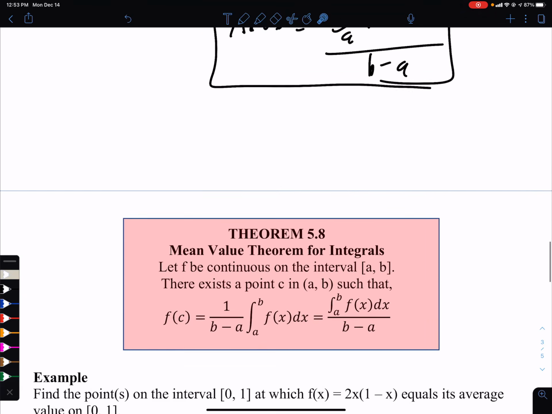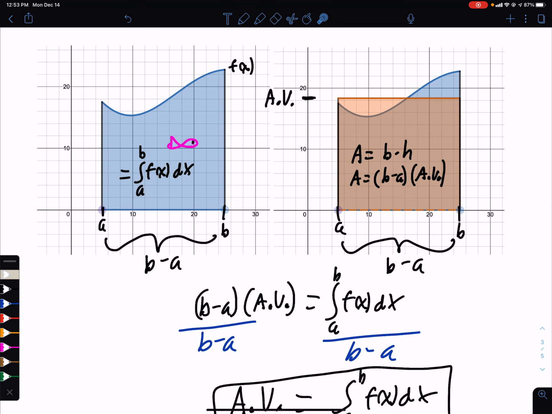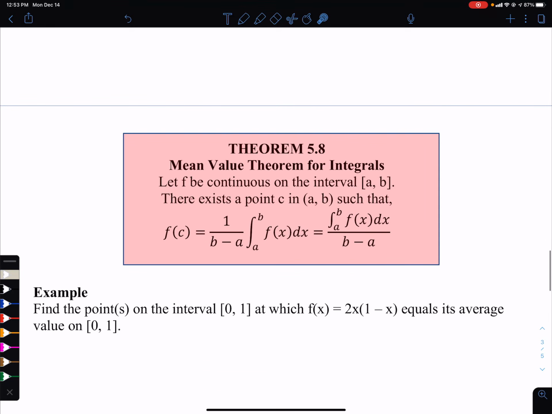What does that mean? Let me go back to this picture. We found the average value right here. So this is the average value. What this theorem is saying, that's the average value. So over here, it's the average value.